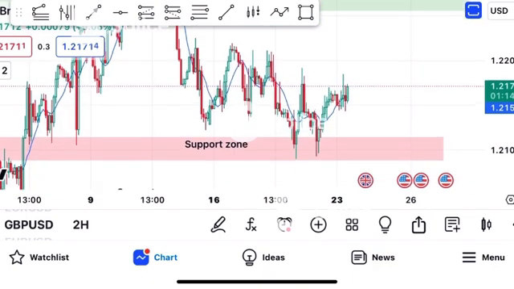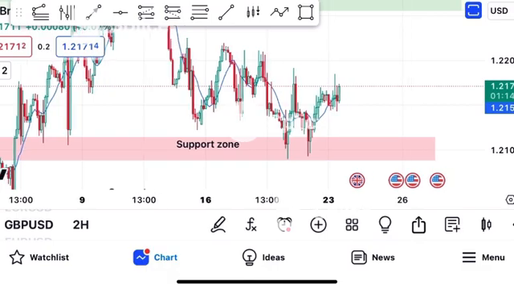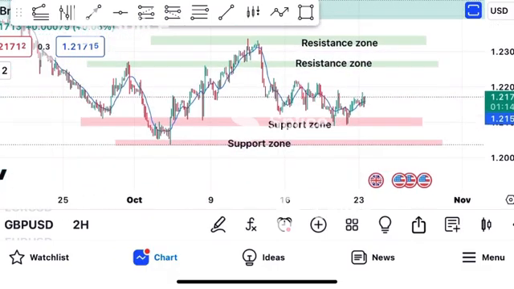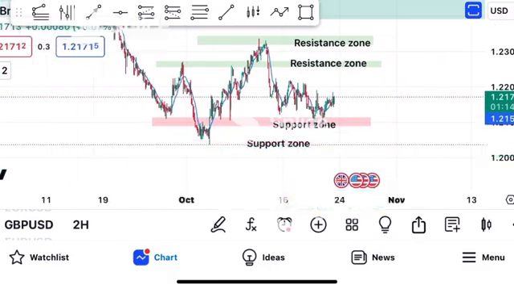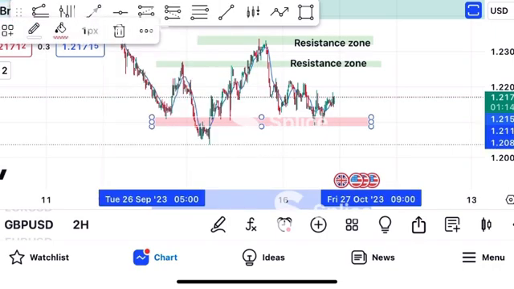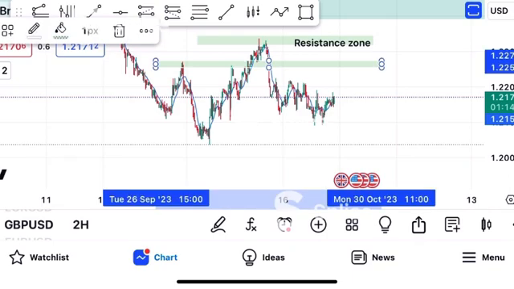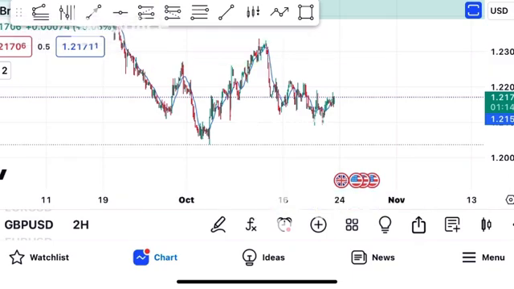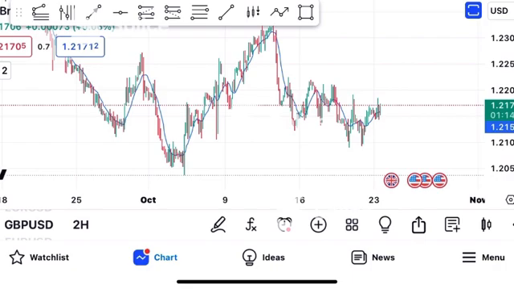So I'm going to show you what the Fibonacci retracement level looks like. I'm going to clear this out so that it won't be so confusing. I believe you guys have gotten the point already about the resistance and support zones. So I'm going to plot my Fibonacci retracement.